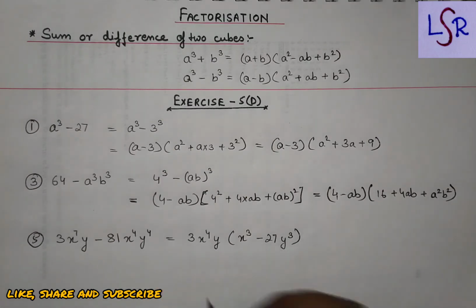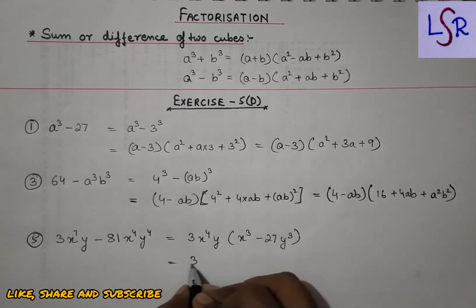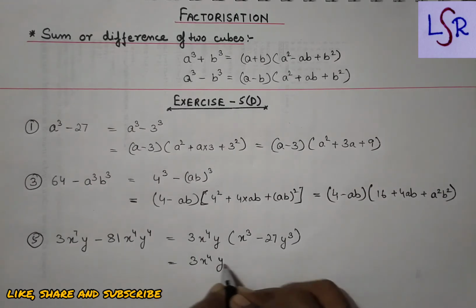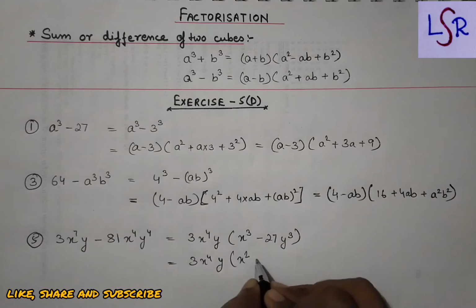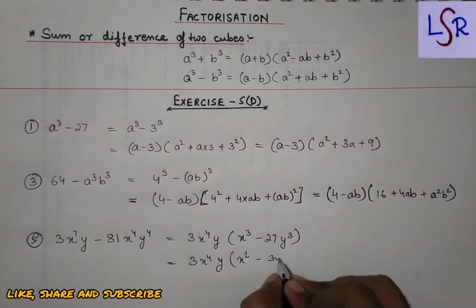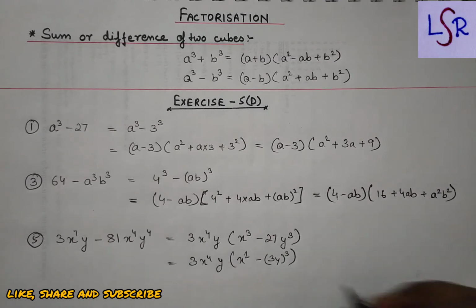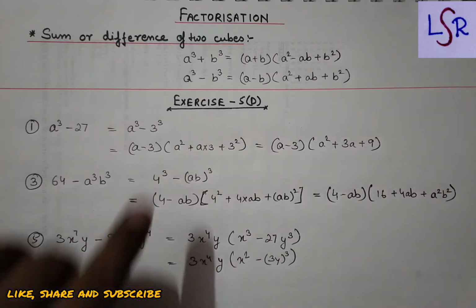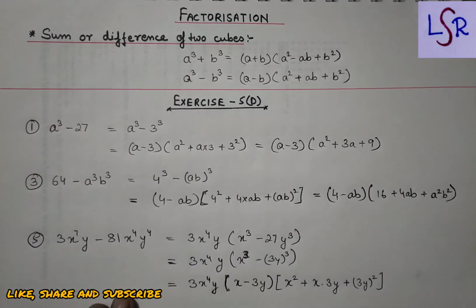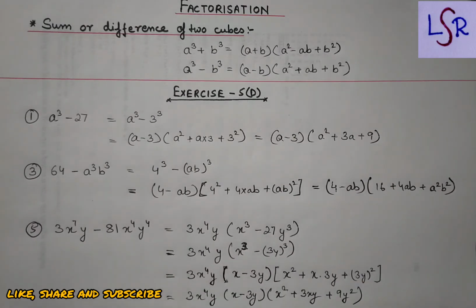Now this can be written as x cube minus 3y to the whole cube, and then in the form of this identity. Now we have got this on applying the identity of a cube minus b cube, and then we have to just open this bracket, and finally we have got this expression as the answer.